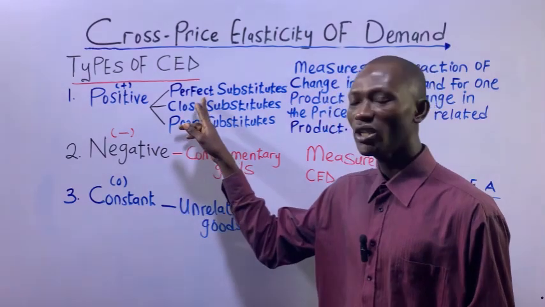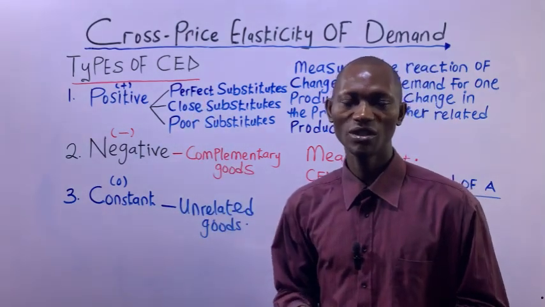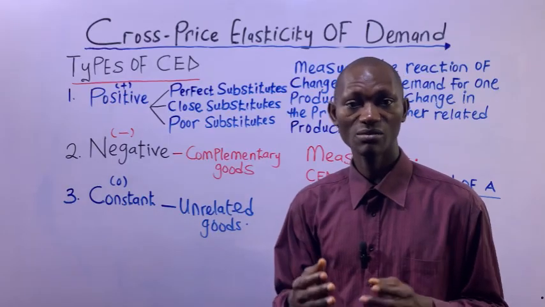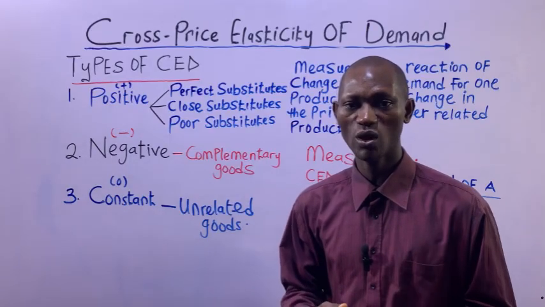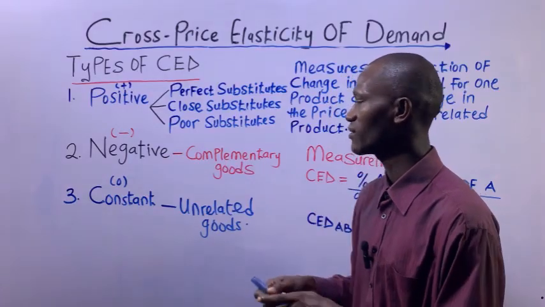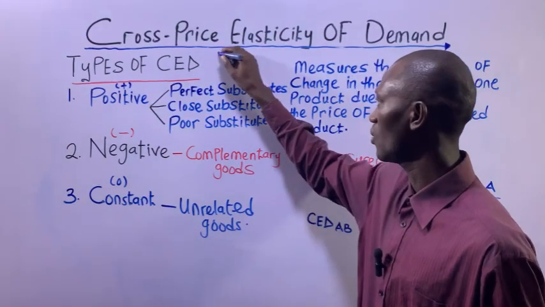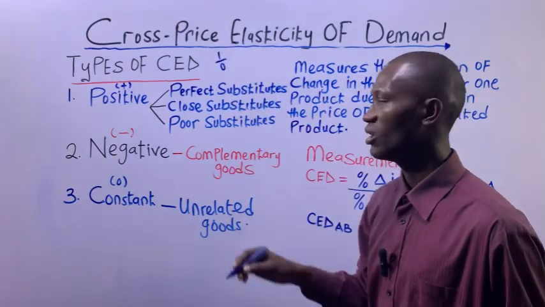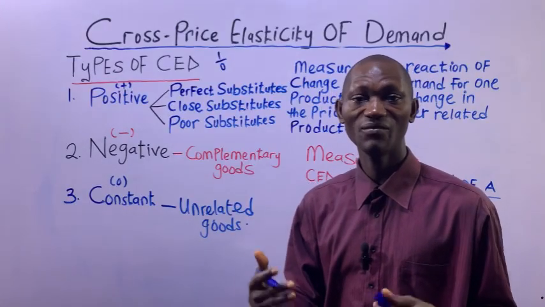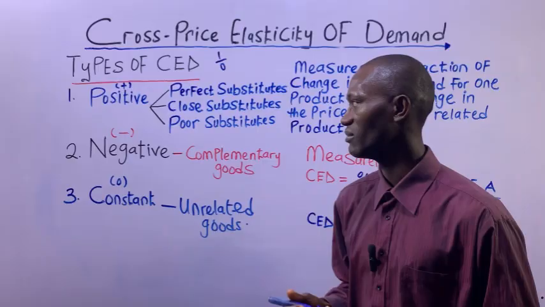So the cross price elasticity coefficient for perfect substitutes is infinitely elastic. It's perfectly elastic. That's basically what we mean. For you to get perfectly elastic, it means you will have something of this nature. Let's say 1 divided by 0. Any number divided by 0 is perfectly elastic, it is infinity. That's basically what that means.